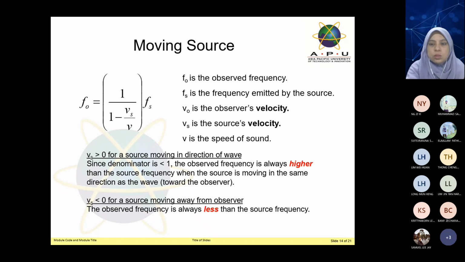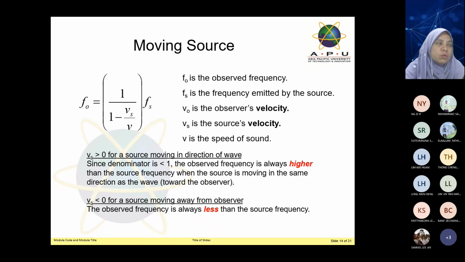Sources can be an ambulance or sirens. So this topic is about sound only. We don't care about the lighting and all. That one is another chapter previously. This chapter only observes the sound, sound waves.